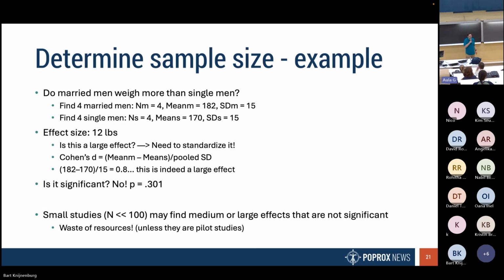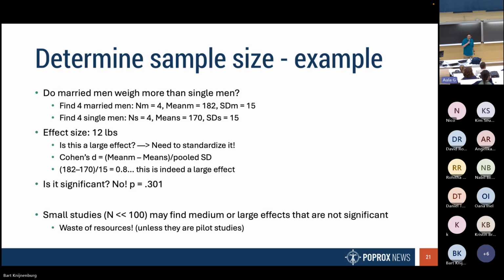Let's say you want to run a small study on whether married men weigh more than single men, right? So you find 4 married men, you measure their weight, you get a mean and a standard deviation. You do the same thing for single men. And then you find the difference: married men are 182 pounds, single men on average 170 pounds. That's a 12-pound difference.